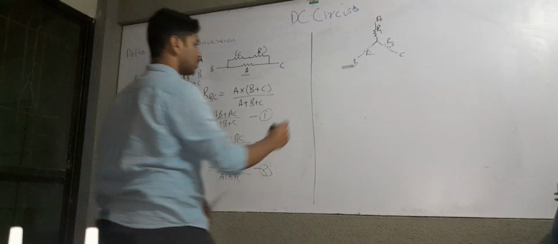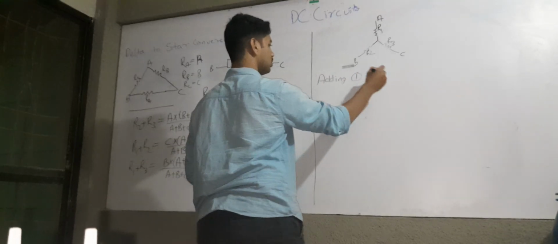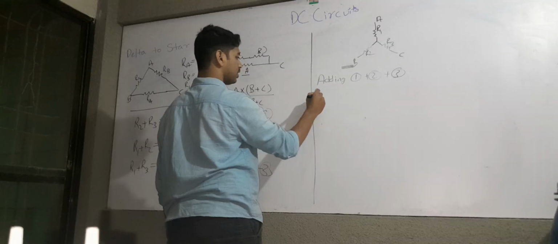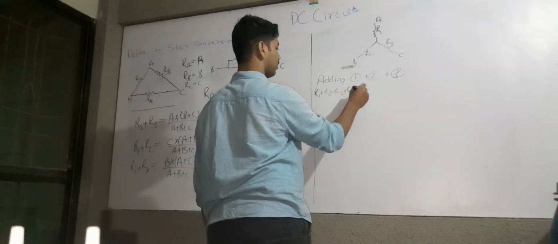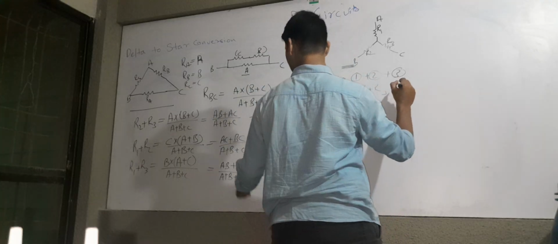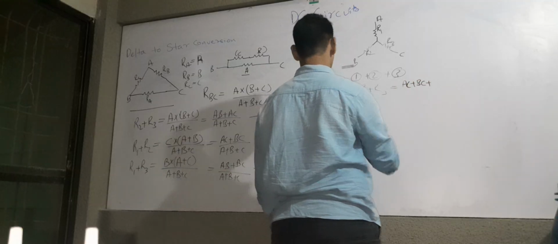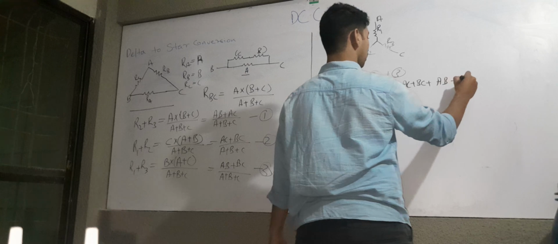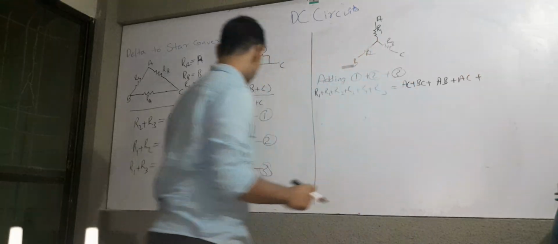So now adding 1 plus 2 plus 3, we get R1 plus R2 plus R2 plus R3 plus R1 plus R3, which would be equal to AC plus BC for R1 plus R2, plus AB plus AC for R2 plus R3, plus AB plus BC for R1 plus R3.